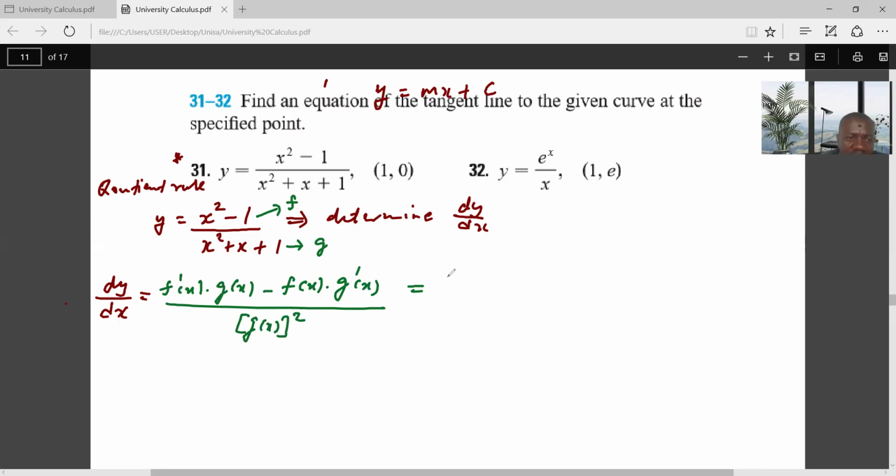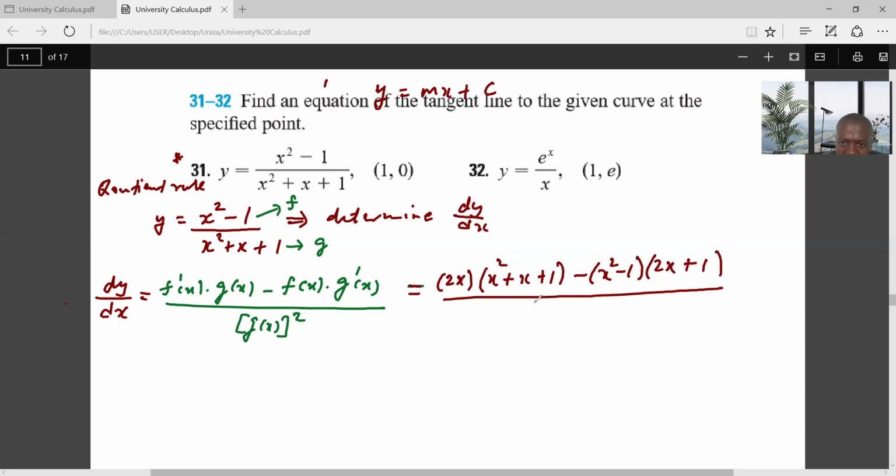We differentiate the numerator, so we just have 2x. We leave the denominator, x squared plus x plus 1. We leave the numerator, x squared minus 1. Differentiate the denominator, 2x plus 1. Everything divided by x squared plus x plus 1, all squared.